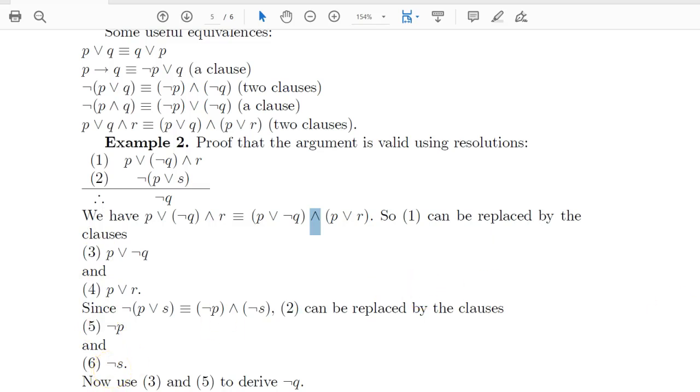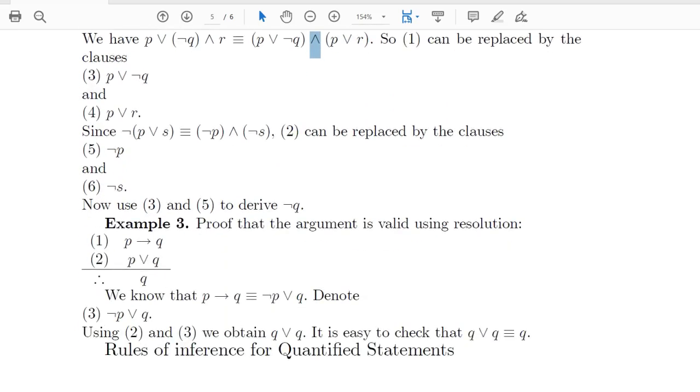Each of them is a clause, and we can apply resolution to any two which we select. We select 3 and 5. P, not P, they disappear, not Q remains.